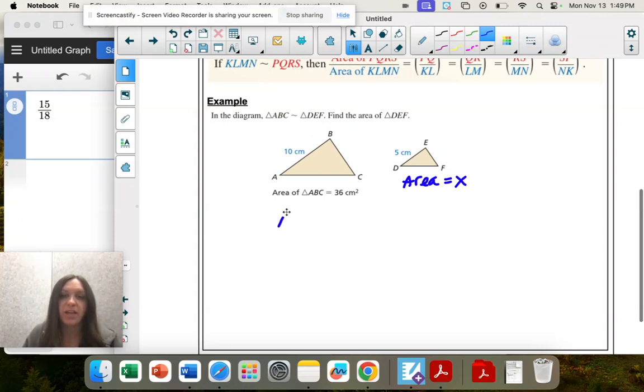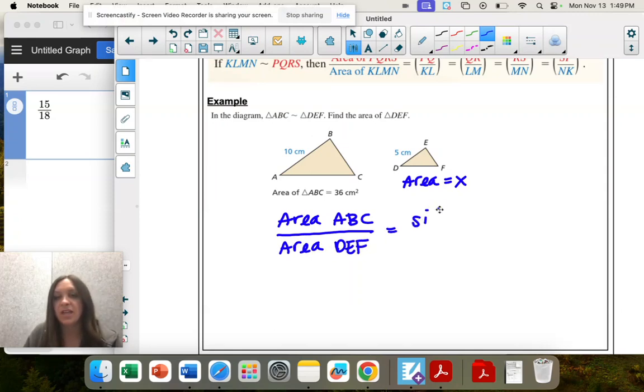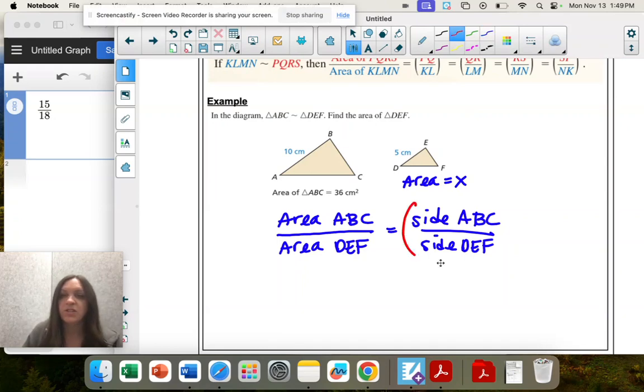Okay, so remember the area of one triangle. So let's do area of ABC to the area of DEF is going to equal the side length of ABC over the side length of DEF, but it's squared.